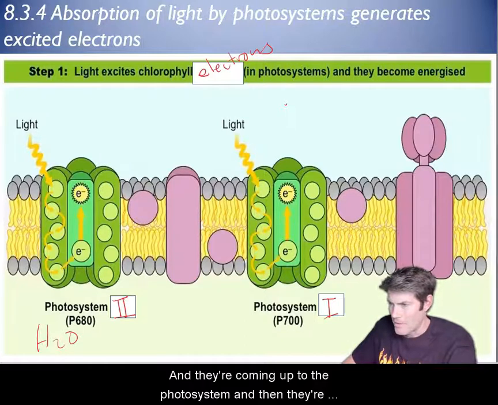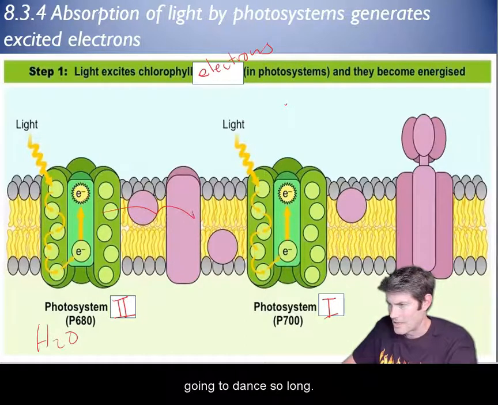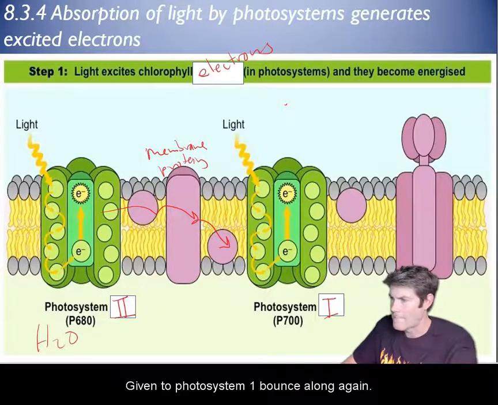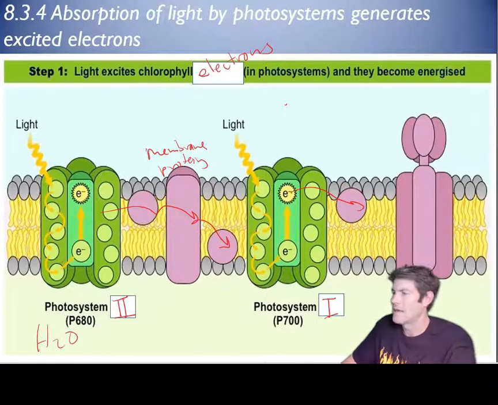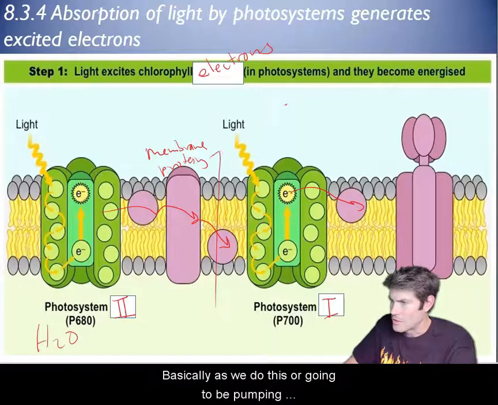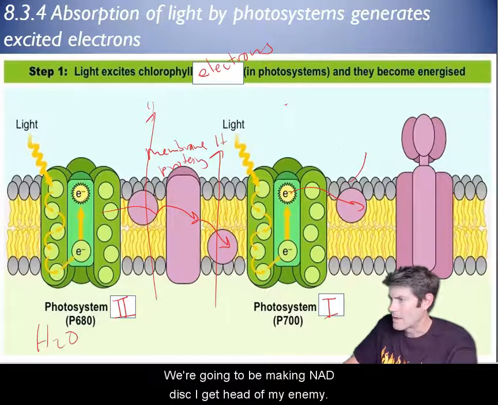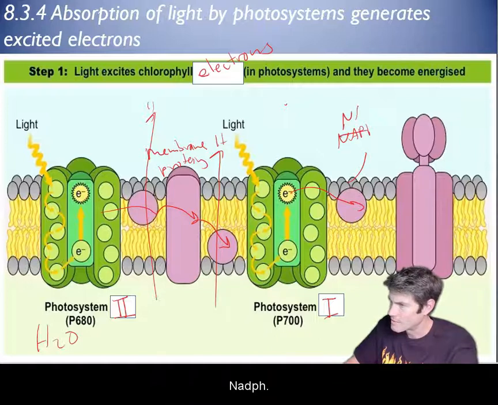And they're coming up through the photosystem, and then they're going to dance along these membrane proteins. Given to photosystem 1, bounce along again, and we're going to make a bunch of stuff. Basically, as we do this, we're going to be pumping hydrogen ions across that membrane. Yep, hydrogen. We're going to be making NADPH.